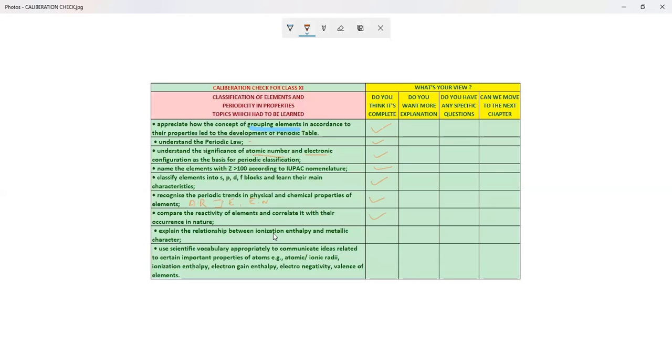Then explain the relationship of ionization energy and metallic property. Okay, so you need more explanation on this. Use scientific vocabulary like atomic radius, ionization energy, electron gain enthalpy, electronegativity, and valency of electron.